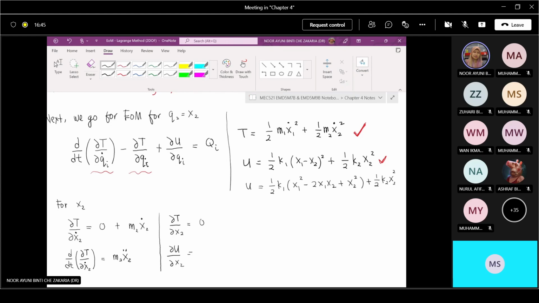Okay, and then differentiate the potential on x2.